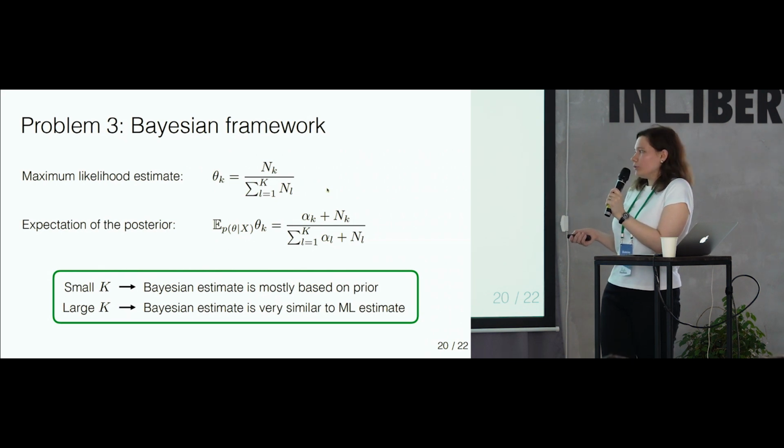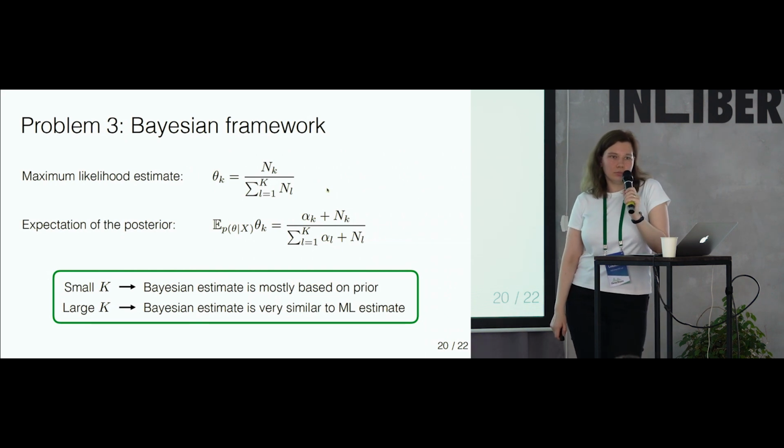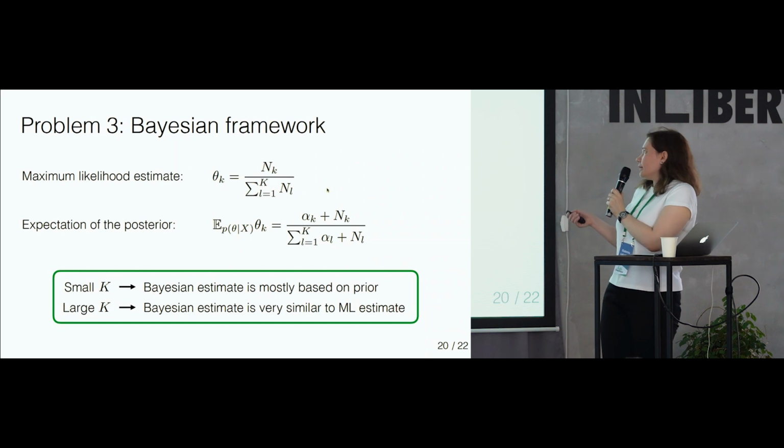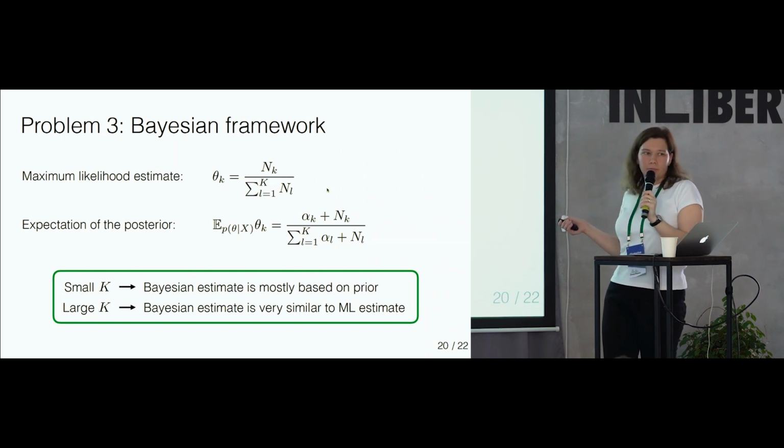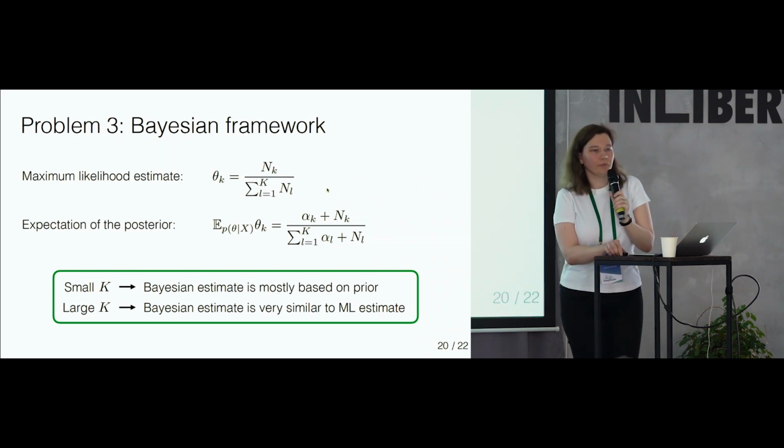And if we have a lot of data, so a large k, then the Bayesian estimate and the maximum likelihood estimate are almost the same, because n_k is much bigger than alpha.